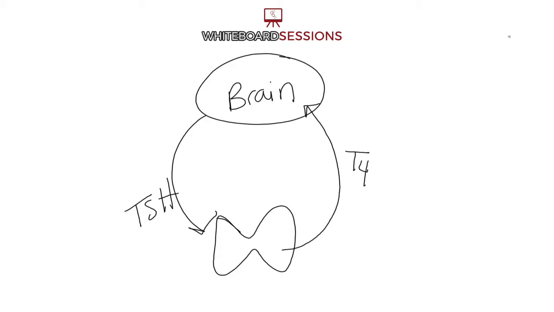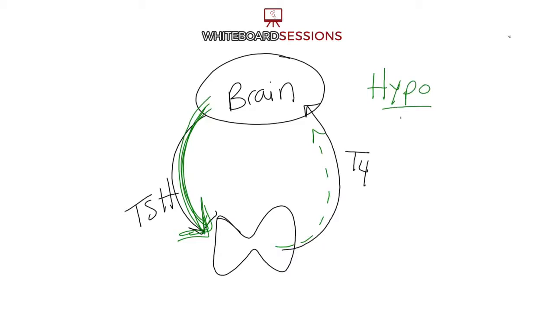But when somebody has hypothyroidism, the thyroid gland is barely making any T4. So the brain is saying, come on, and there is a ton of TSH coming. So patients with hypothyroidism have elevated TSH and decreased T4. All right, if you could only order one of these labs, you would order a TSH.